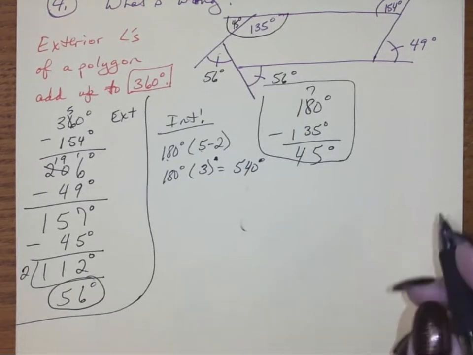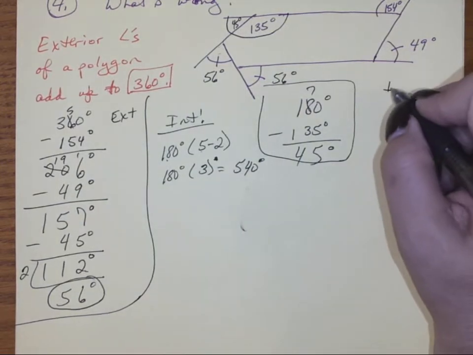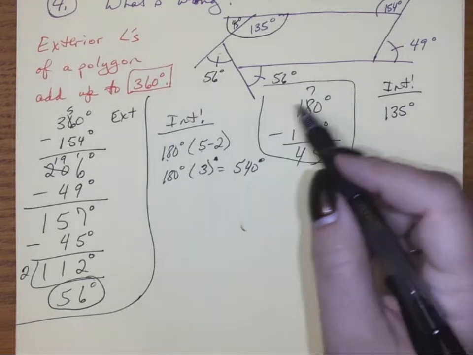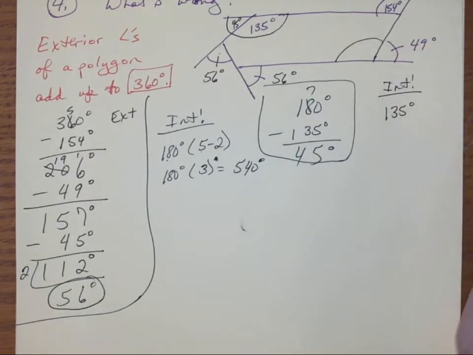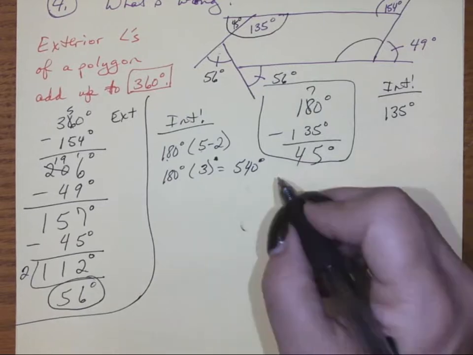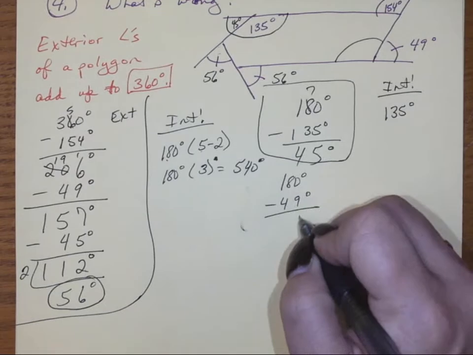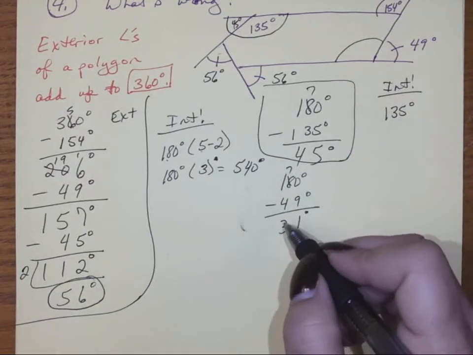So as I do that, I've got a 135 degree guy. So all of my interior angles should be adding up 135 degrees. We need to do a little more arithmetic. So what's the inside guy there? 180 degrees minus 49 degrees. This is not the day for me to forget my calculator.